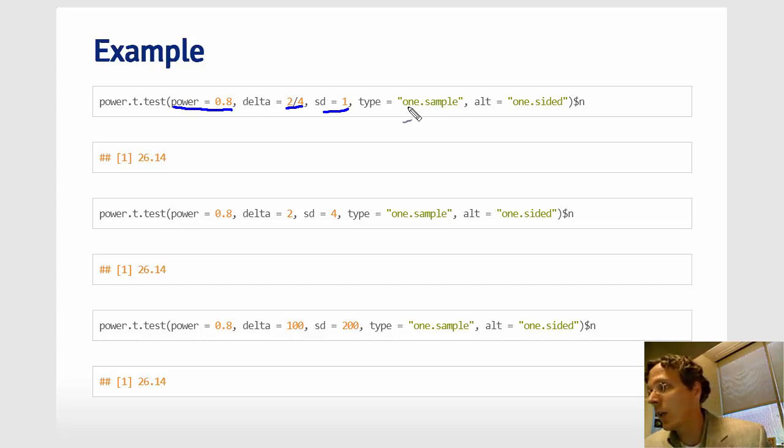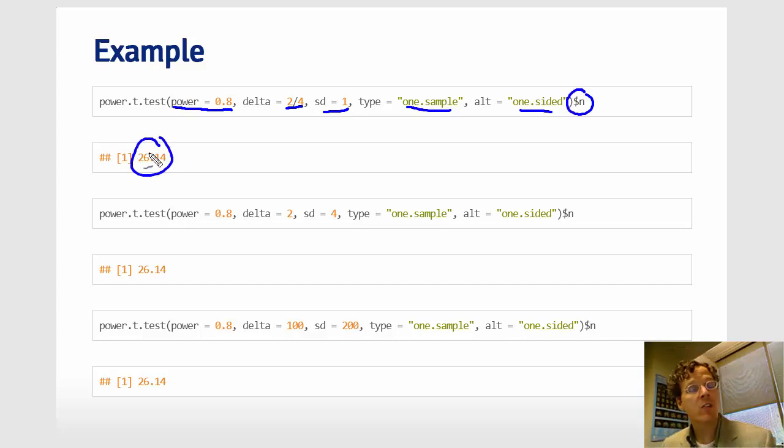Then over here, again I'm doing one sample and one-sided, grabbing n. Okay, and it gives me a sample size of 26, and then in these kinds of calculations you always want to err on the side of conservatism, so you bump it up to 27 whenever you get a fractional value. You always want to bump it up to the nearest integer.